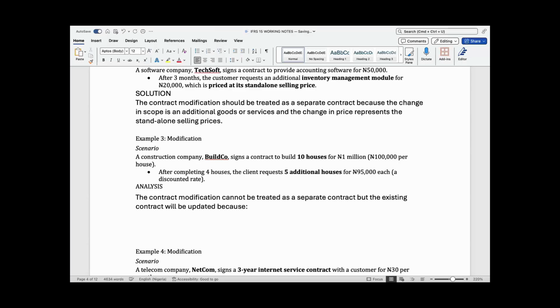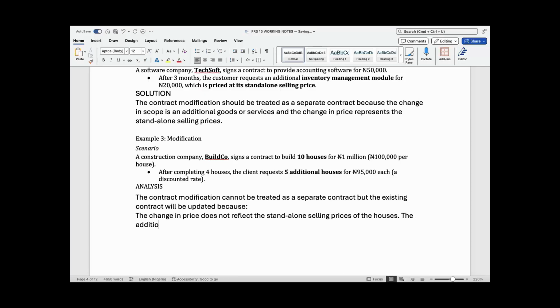because the change in price does not reflect the standalone selling price of the houses, because the additional houses were sold at 95,000, while the standalone selling price is how much?